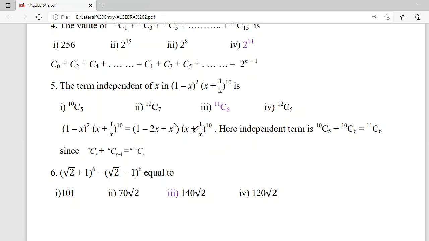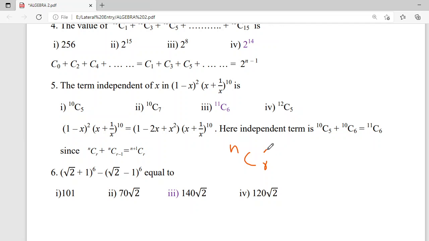Here the terms are nCr x to the power n minus r into 1 by x to the power r. So it is x to the power n minus twice r. So this is our general term.